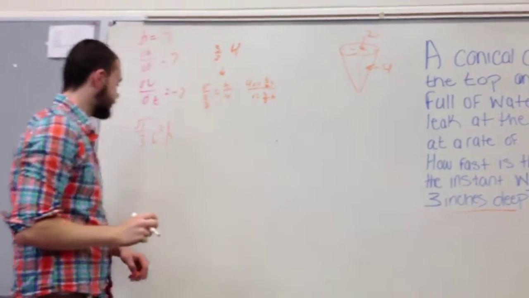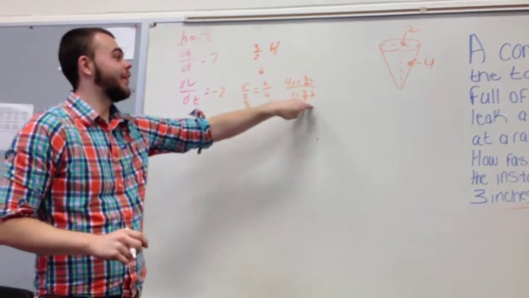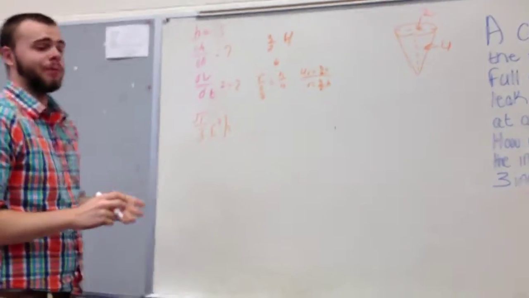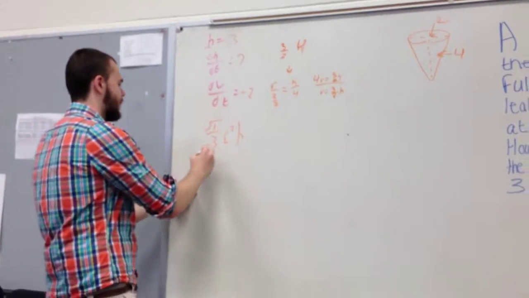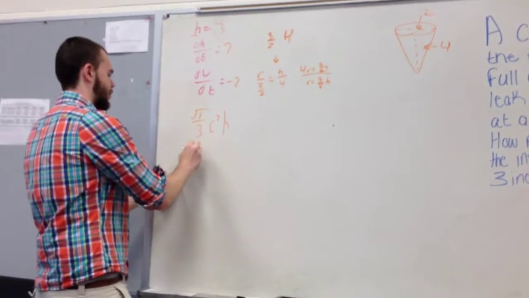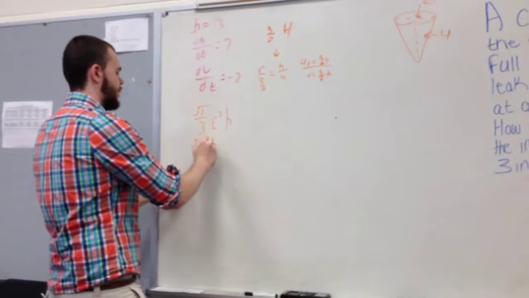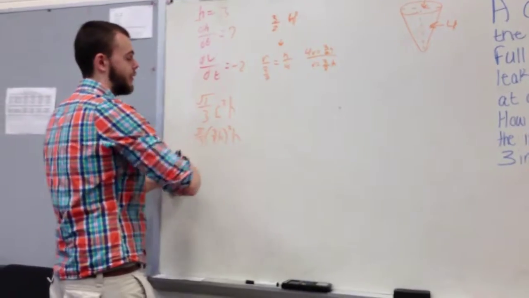Now that we have r as a value of h, we can put this into our volume equation and have a formula for the volume that only uses one variable. So we have pi over 3 times (3/8 h) squared times h.